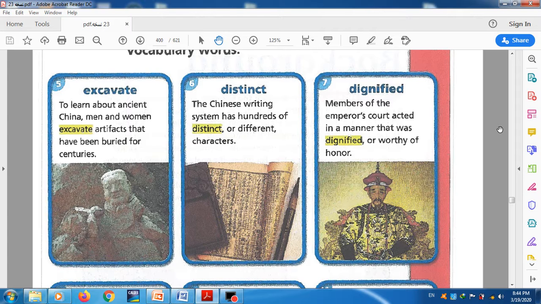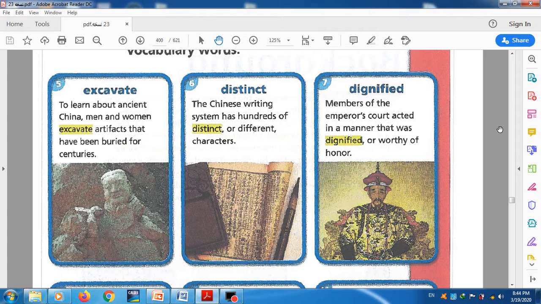Let's move to number 6, which is distinct. The example is: the Chinese writing system has hundreds of distinct or different characters. And characters here means shapes, forms.